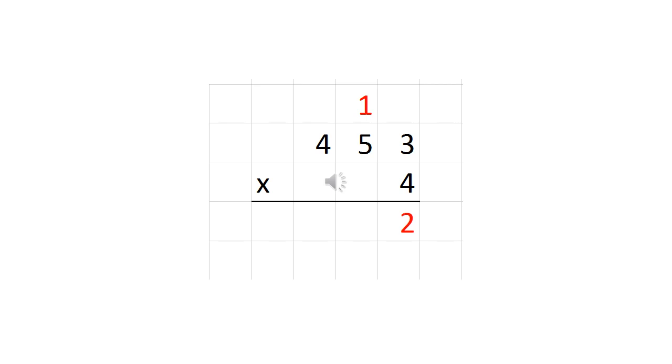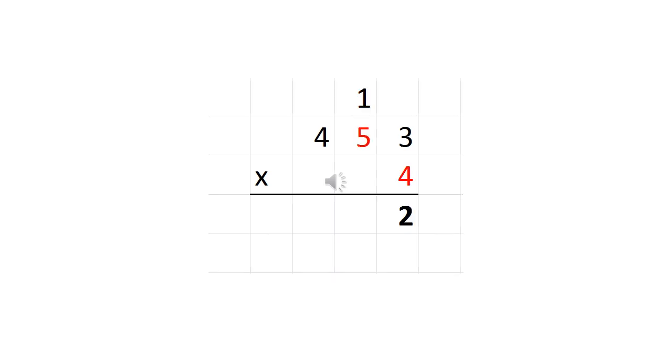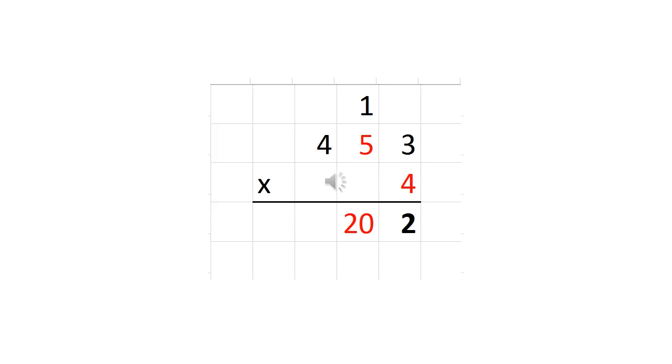We can move along and start with the 4 times 5. We know that 4 times 5 is 20, and we're going to remember that one later.